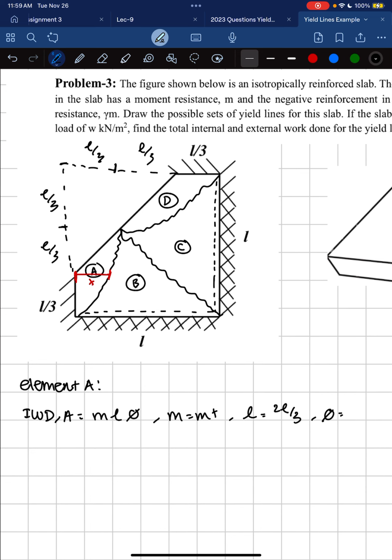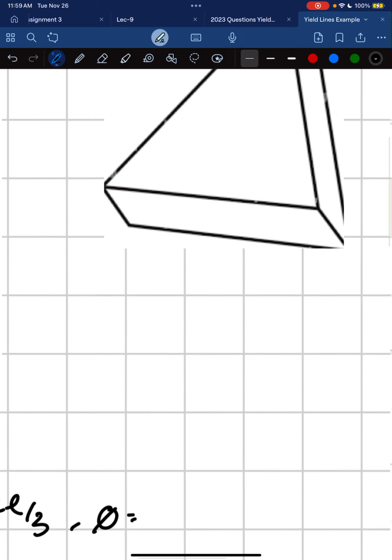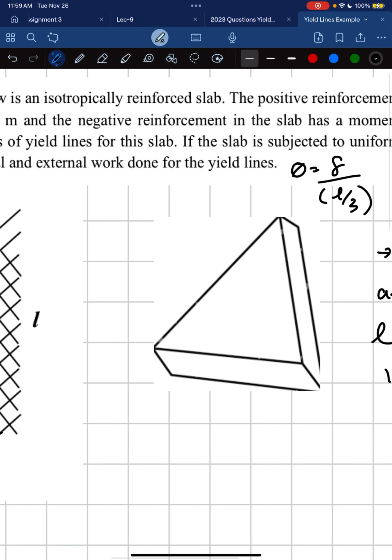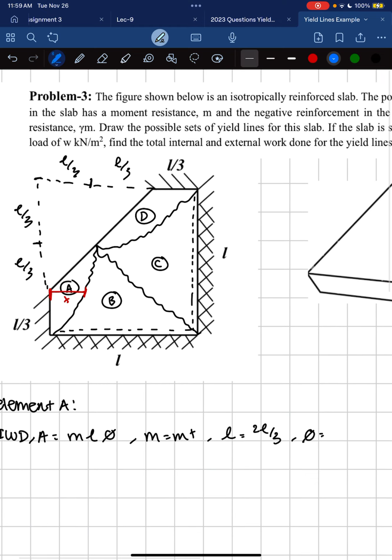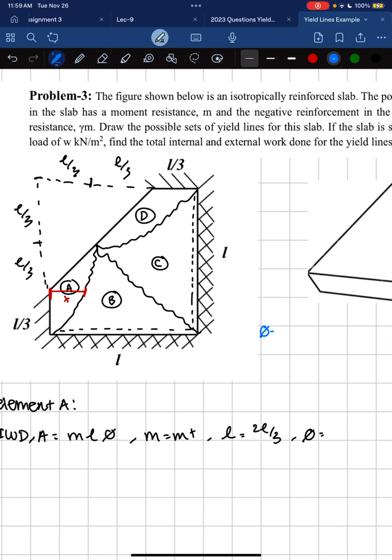To help myself picture it better, I got this 3D triangle off the internet. When we're calculating theta, it's opposite over adjacent.